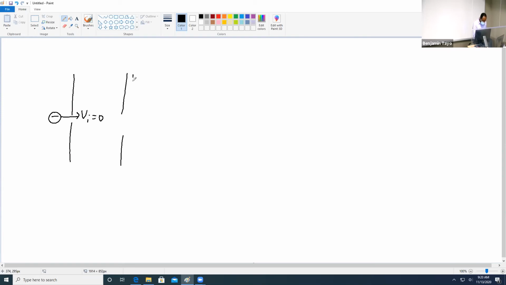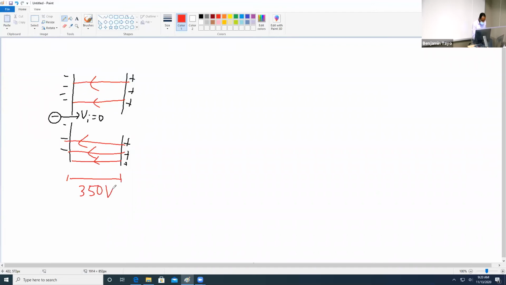Then this is plus. Now the electric field is pointing like that. The potential between these 2 points is 350 volts. So the exit velocity V is what I want to calculate.